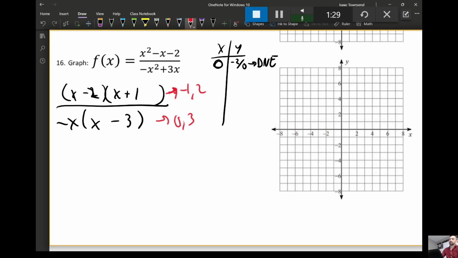But if I have this information, I know any numbers that make just the numerator 0 end up being x-intercepts. So there's a couple points. I know any number that makes just the denominator 0 is going to be a vertical asymptote. So maybe you don't think that helps you with the graph, but I certainly think it speeds up my graph quite a bit.